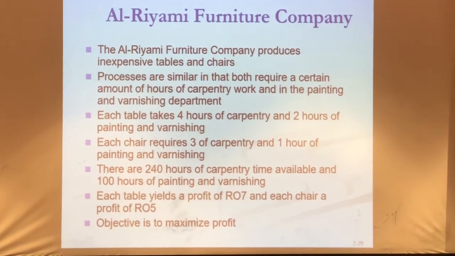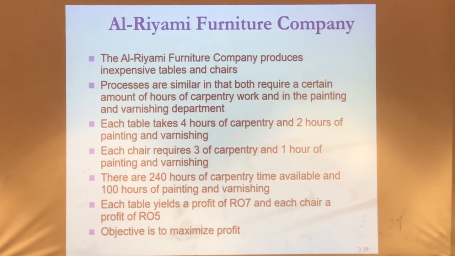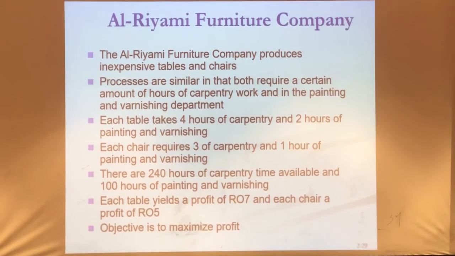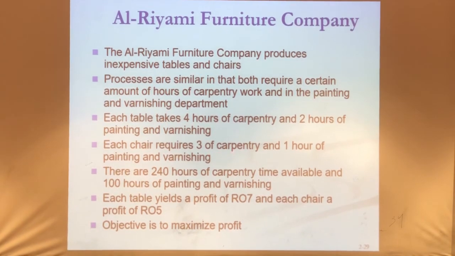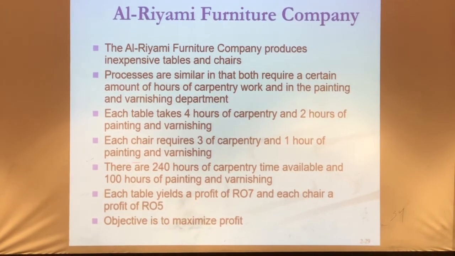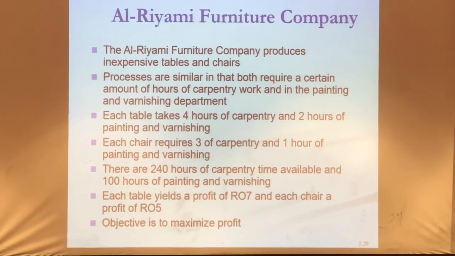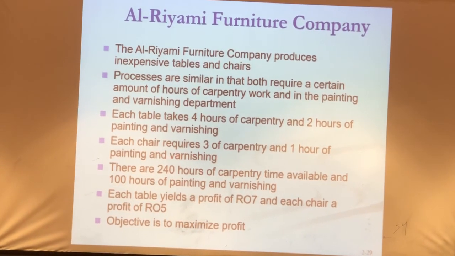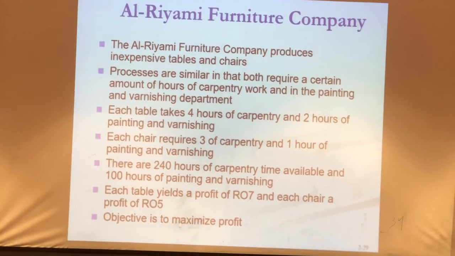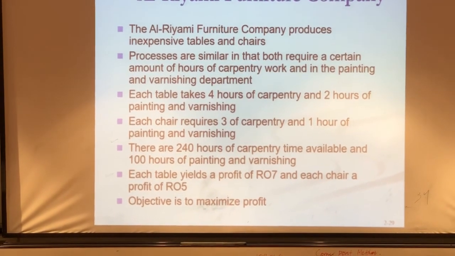Each table takes 4 hours of carpentry and 2 hours of painting and varnishing. Each chair requires 3 hours of carpentry and 1 hour of painting and varnishing. There are 240 hours of carpentry time available and 100 hours of painting and varnishing available.